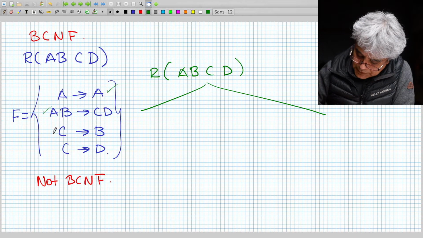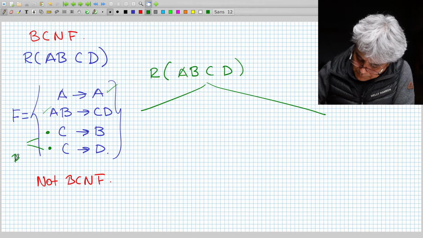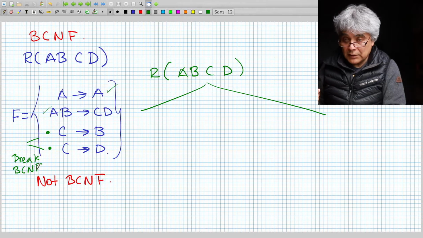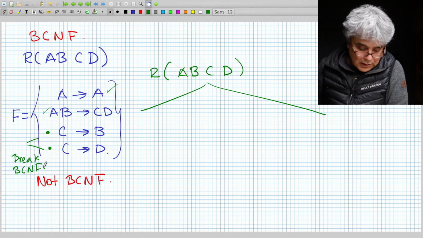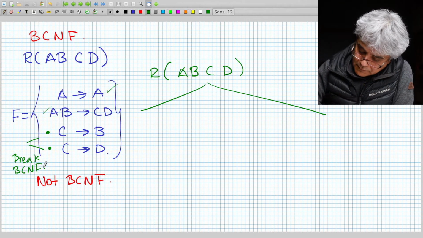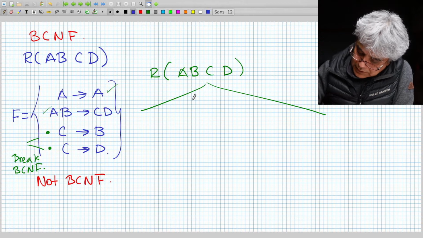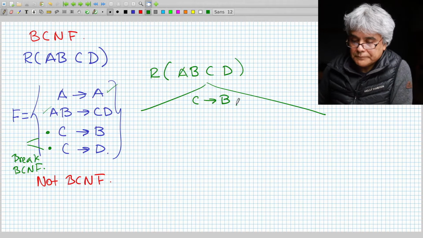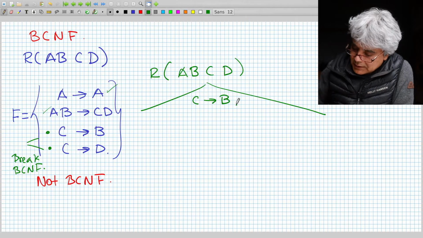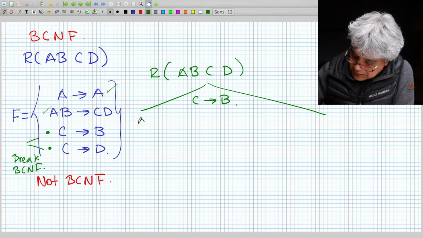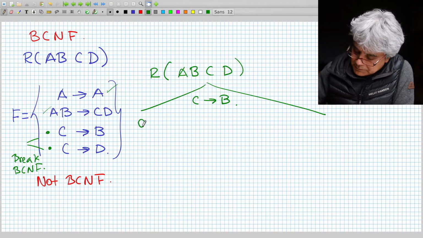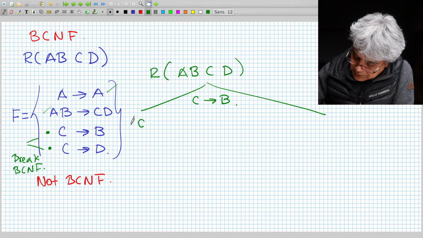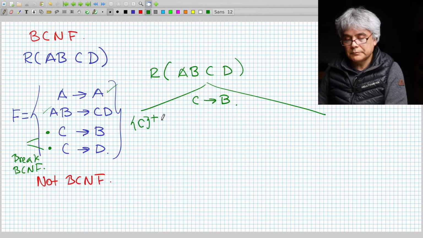For this relation, we identified that these two break BCNF. And that is why the relation is not BCNF. So let's choose one of them. Let's choose C implies B. So the first thing that I do is I move C here and I compute its closure.